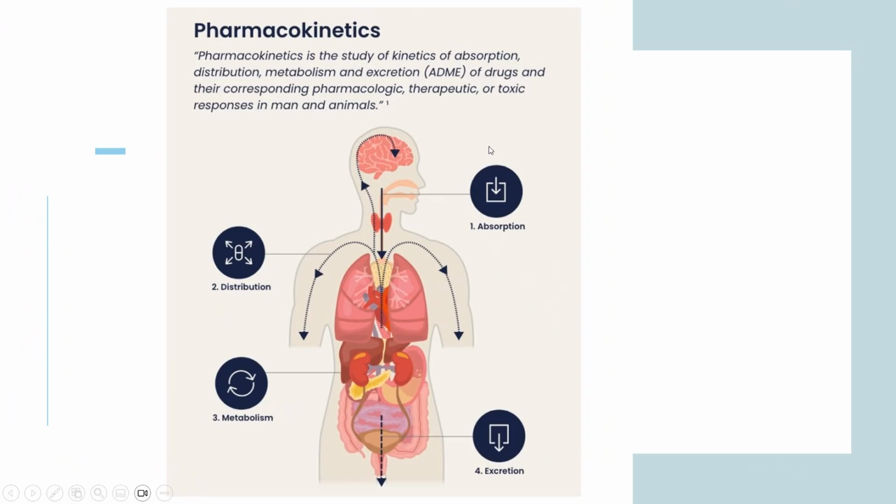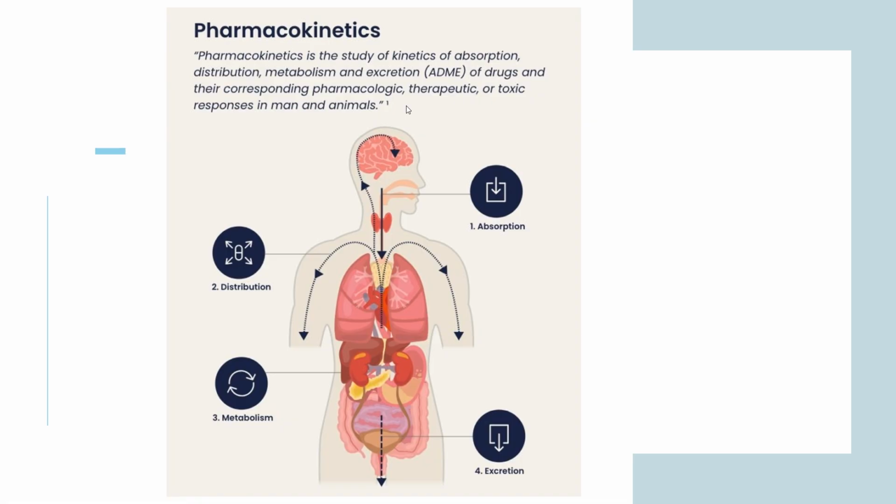Absorption means how the drug is getting absorbed into the body. Distribution means how the drug is getting distributed all over your organs. Metabolism is how you convert that drug into small metabolites to get it digested. And excretion, as you all know, is the drug getting removed from the body.